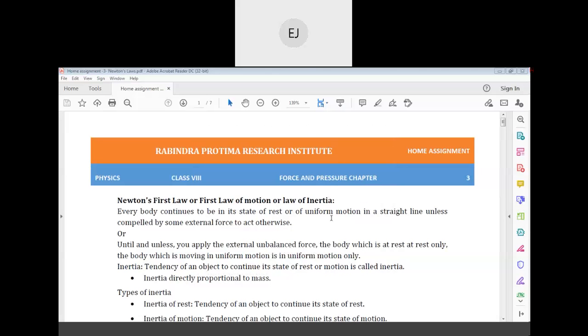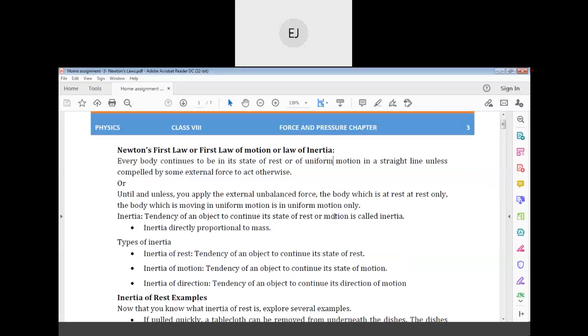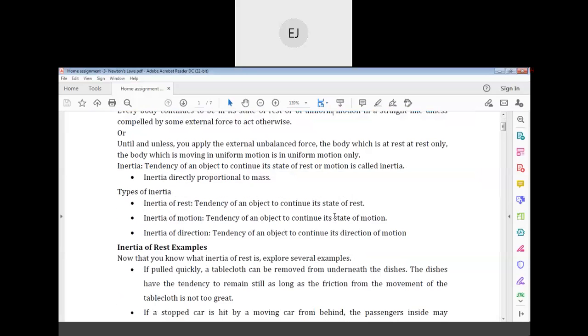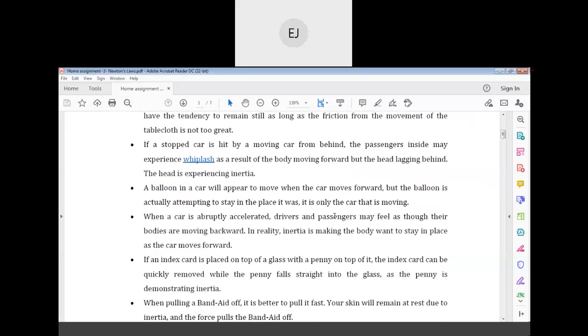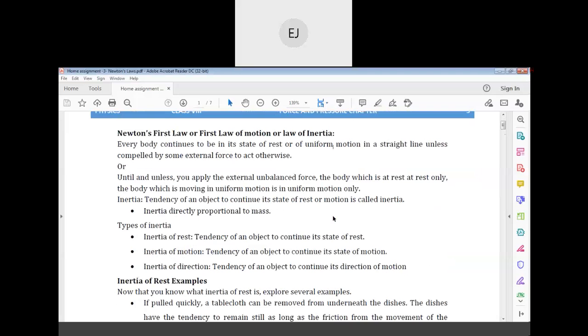From the last two classes, we have started with Newton's laws. First, we started with the inertia concept, which is the tendency of an object to continue its state of rest or motion, and which is again correlated with Newton's first law.